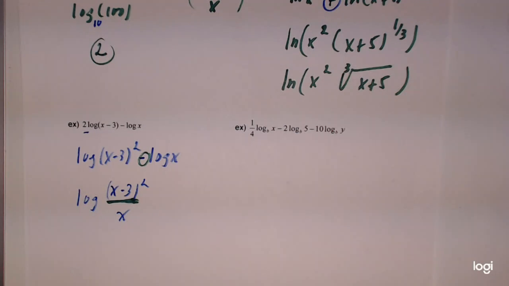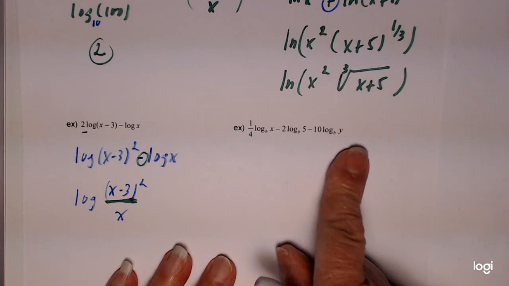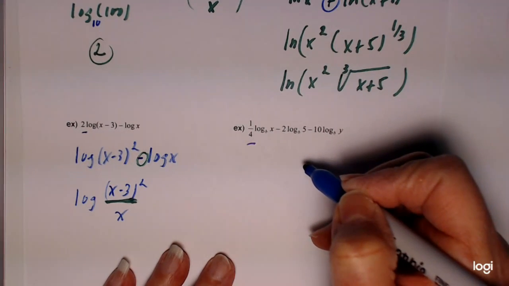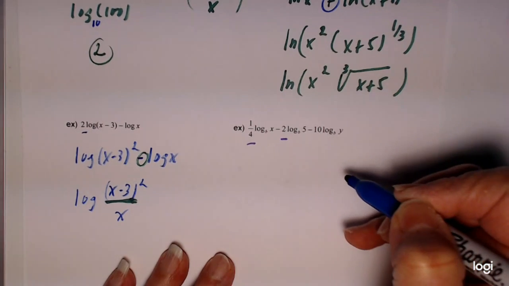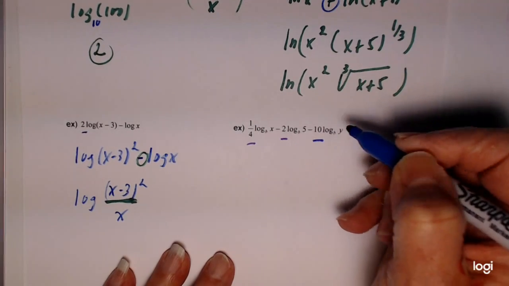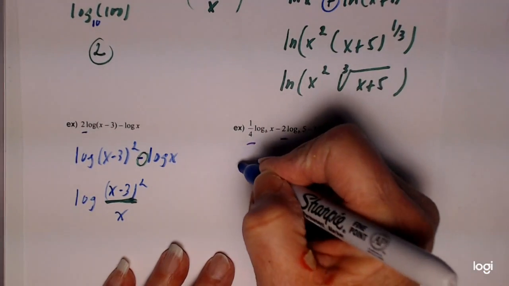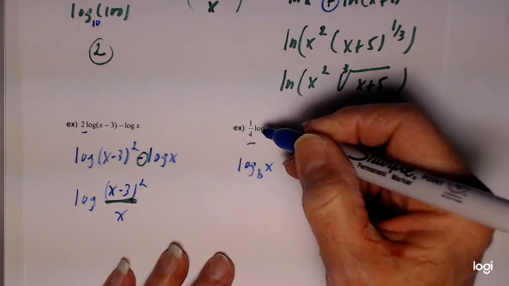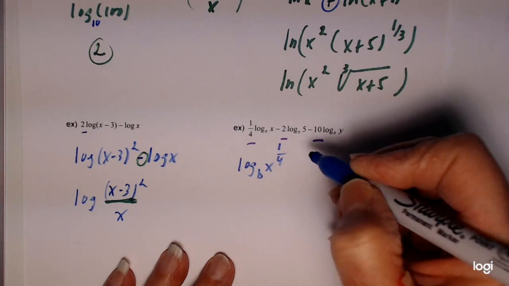Next example. We now have 3 log expressions. And if we take a look, that 1/4 represents an exponent that is down in the front. The 2 is also an exponent down in the front, as is the 10. So the first thing we have to do is put them all back in the exponents. So we have log base b of x, and now that 1/4 goes up as an exponent.